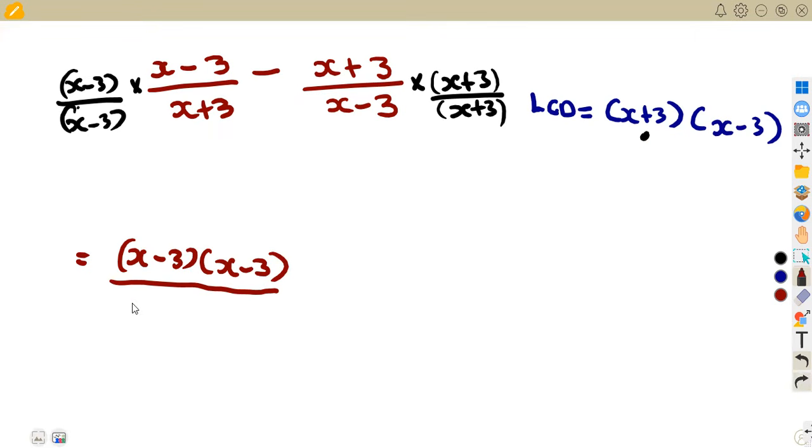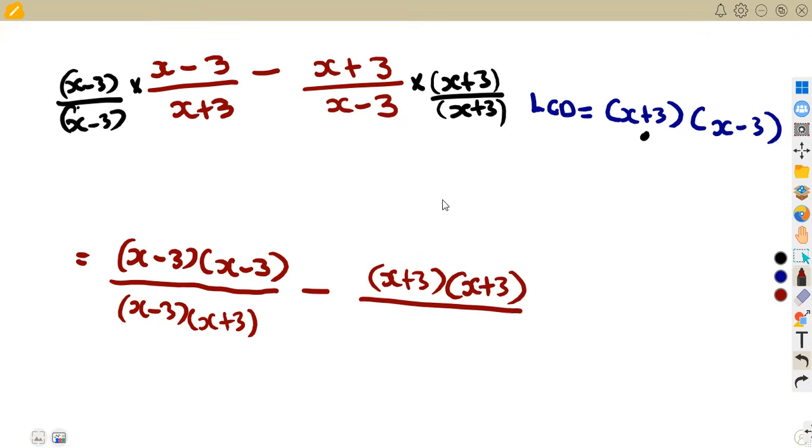Okay, minus this side, the numerator, we are going to remain with x plus 3 into x plus 3 like that. Everything over our LCD in this case, which is x minus 3, x plus 3, which is the same as what we have on this side, okay?